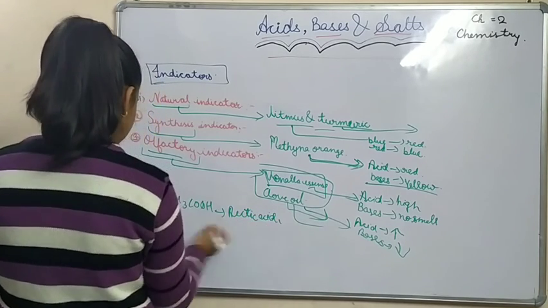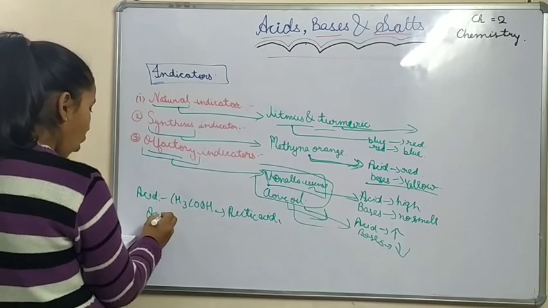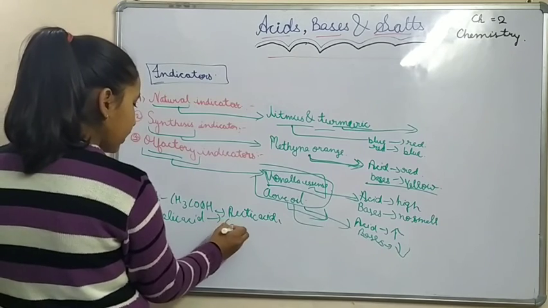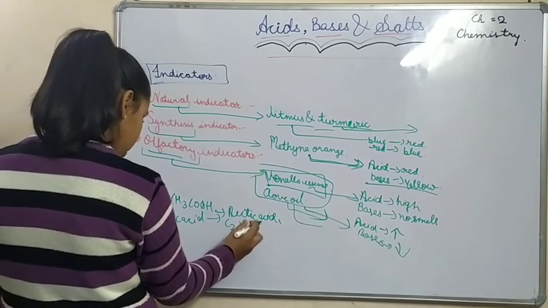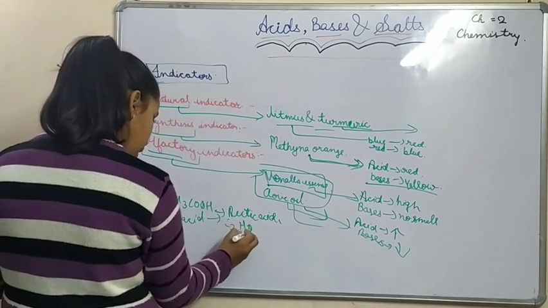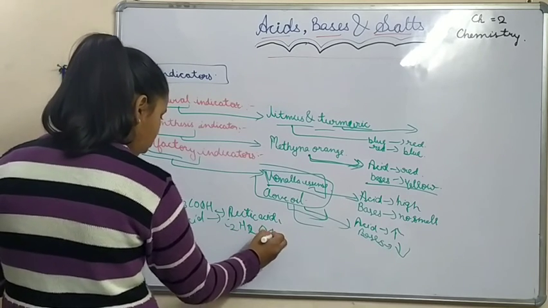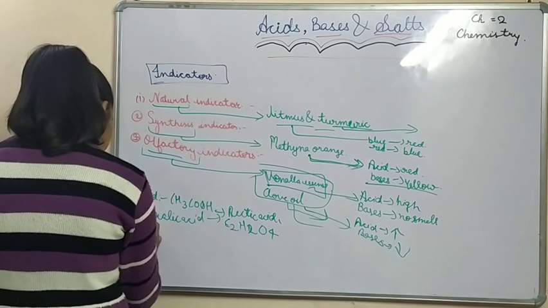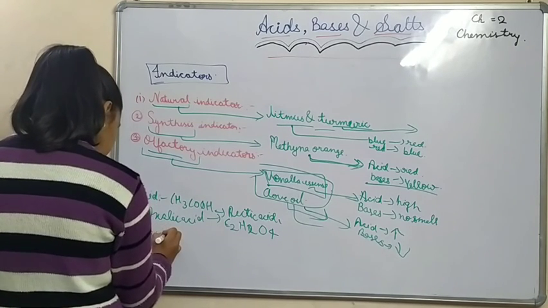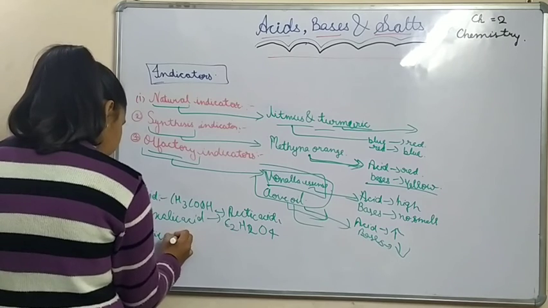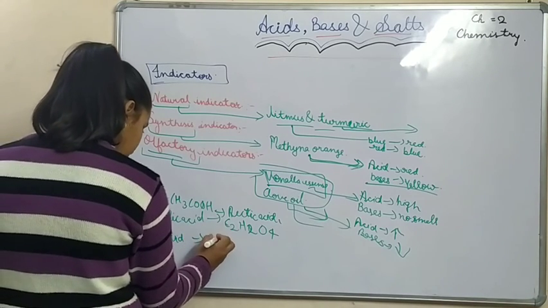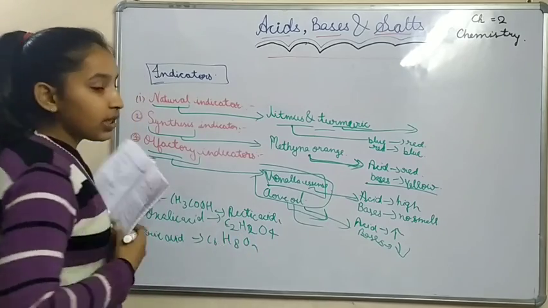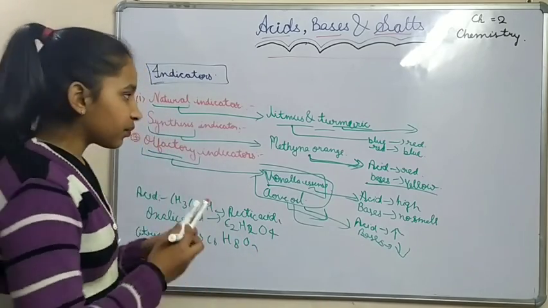And the second which I have told you, oxalic acid, is C2H2O4. And the last is citric acid. Its chemical formula is C6H8O7. So these are three weak acids.